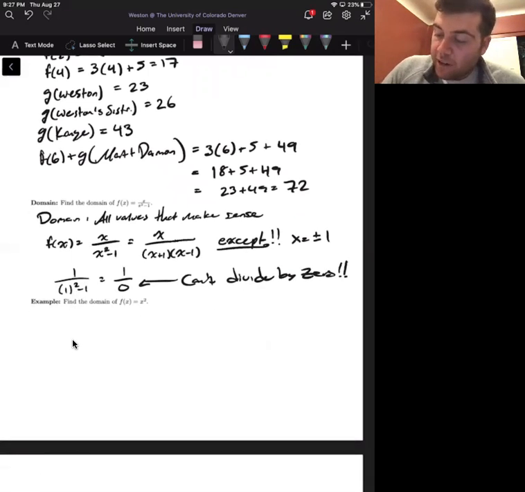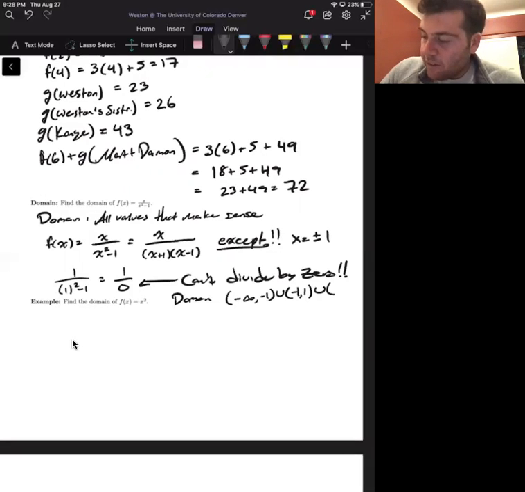All right, so then our answer is that our domain, and we can write it in 2 ways. First is interval notation. So this is a way of saying all numbers from the left end of the number line, negative infinity to negative 1, not including negative 1. So when we have a circular bracket or a round bracket, that means we don't include the endpoint.